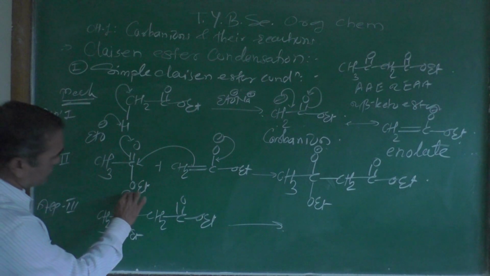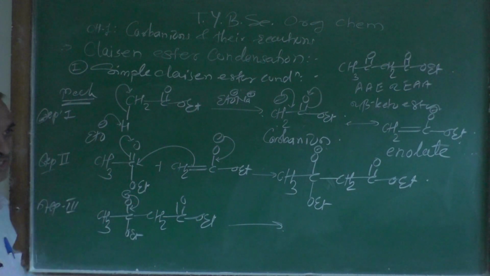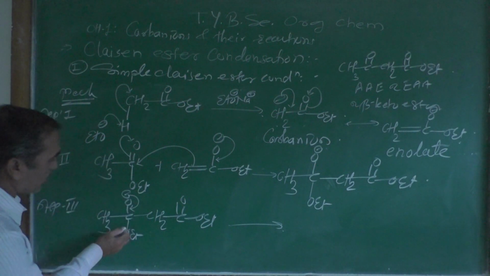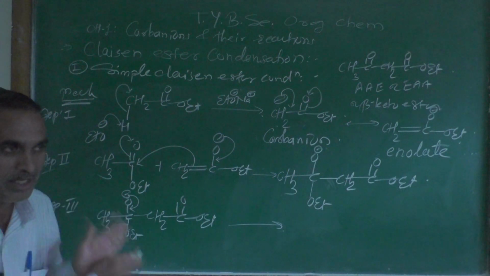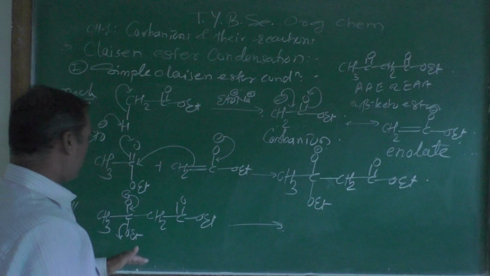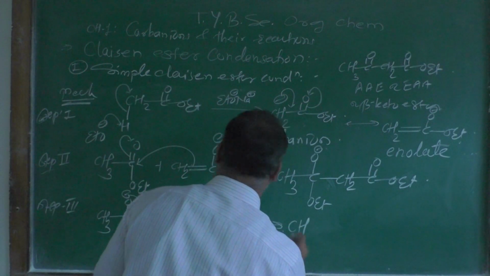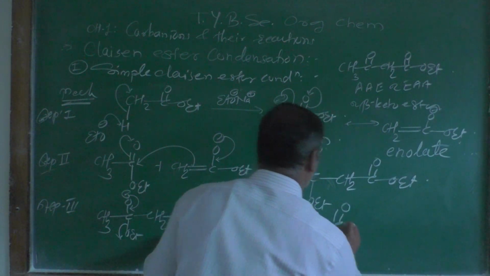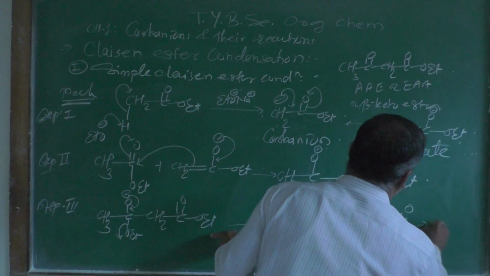This negative charge comes down, forming a double bond with that oxygen atom. At the same time, it pushes out that OEt because it is a good leaving group, and the OEt alkoxide group goes further away. We get here CH3, then C double bond O, then CH2, and then C double bond O, OEt.